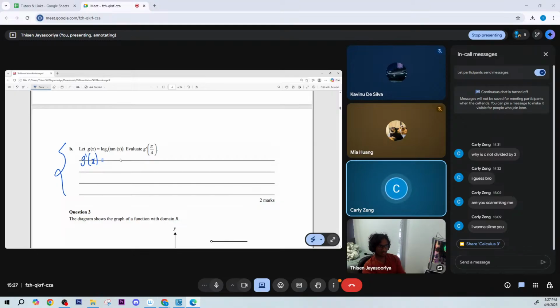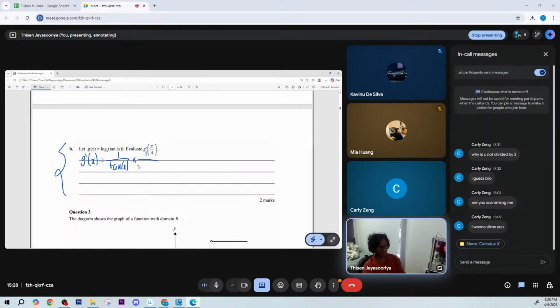So it'd be 1 over tan of x, and then you sub pi over 4 in. So remember the chain rule, times 1 over cos squared x.